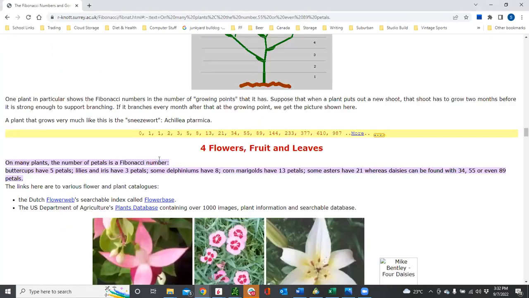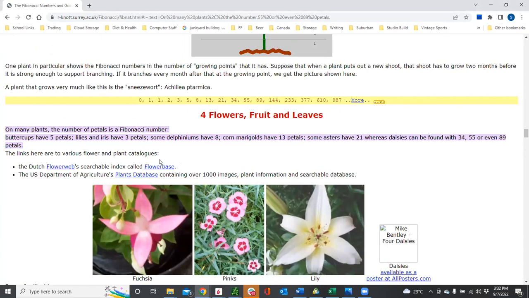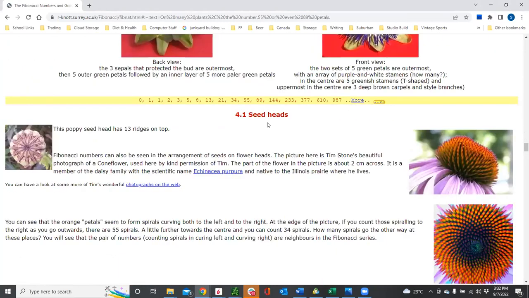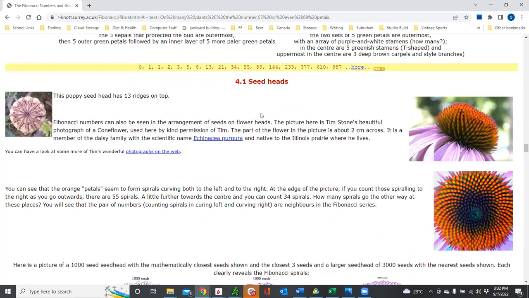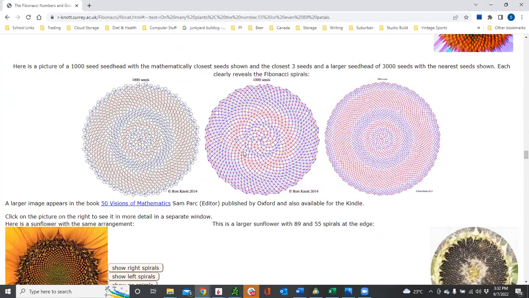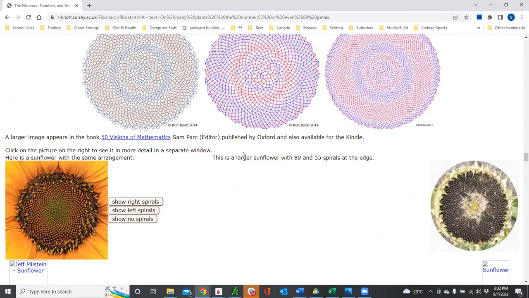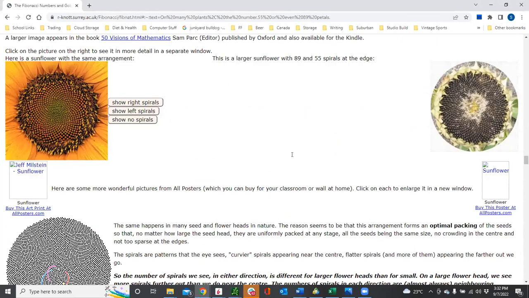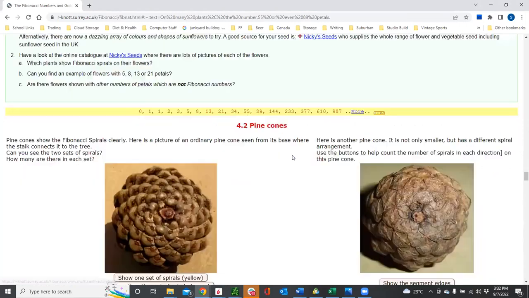And it's not just flowers, it's also seashells, fruit, leaves, seed heads. I'm not going to spend a lot of time on this. I just think it's so cool how the Fibonacci numbers show up in nature.